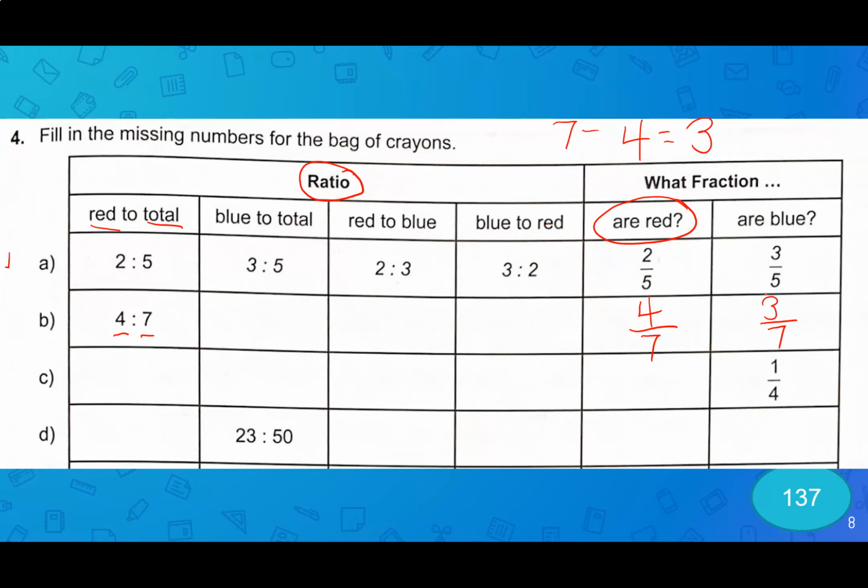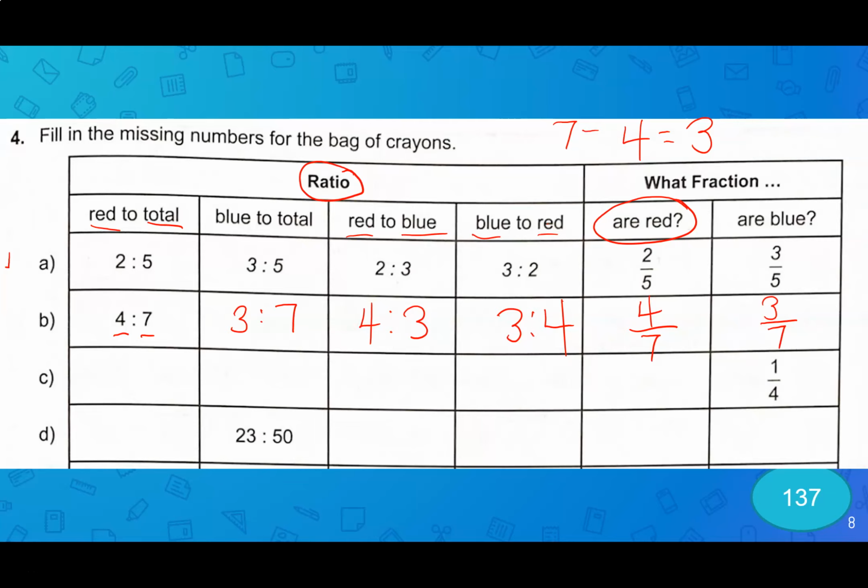So 3/7 are blue. Now we can fill in the rest of the chart. Blue to total, we know we have 3 blue and 7 total. What about red to blue? Remember, ratios, the order is very important. So we know that we have 4 red, 3 blue. What about blue to red? Well, we'll simply switch these. 3 to 4.